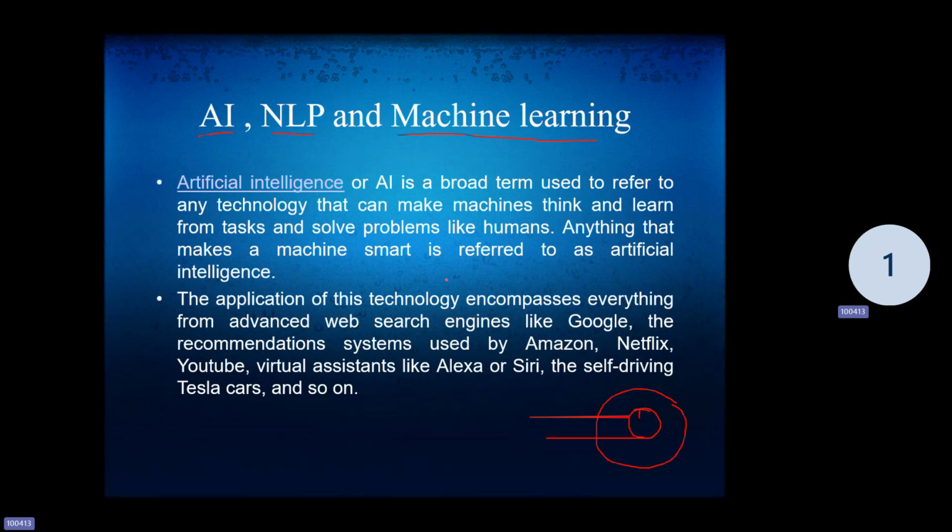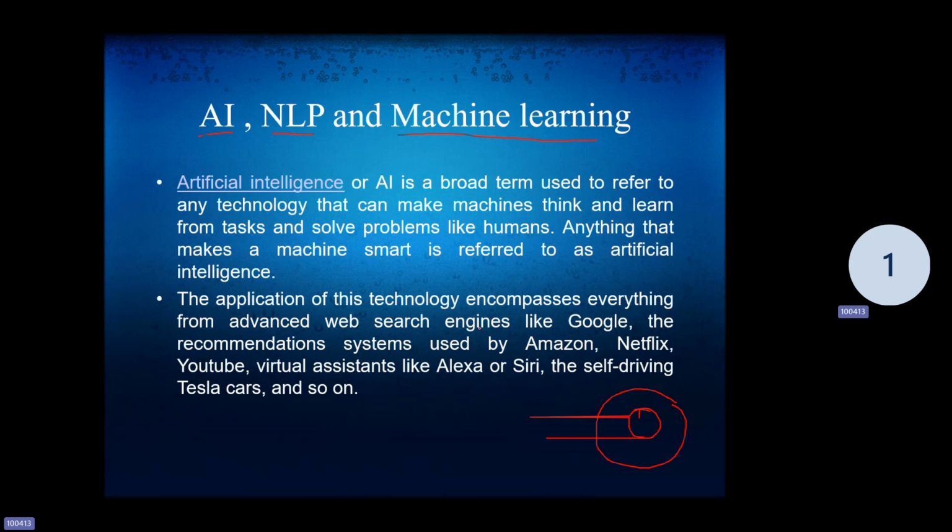In the case of Alexa, there is a physical architecture, and we can provide some thinking and learning to Alexa to solve problems like a human. This machine is our agent, and we can program our agent so that it can easily solve problems like a human. This comes under AI.